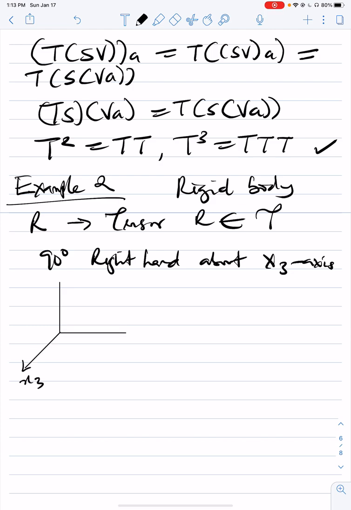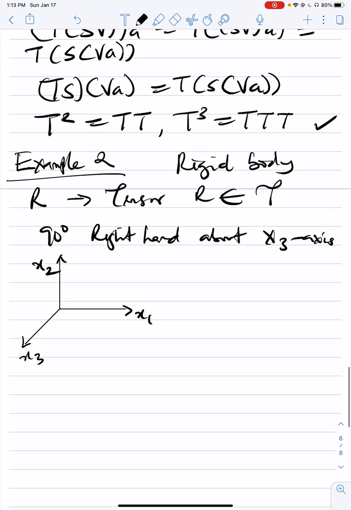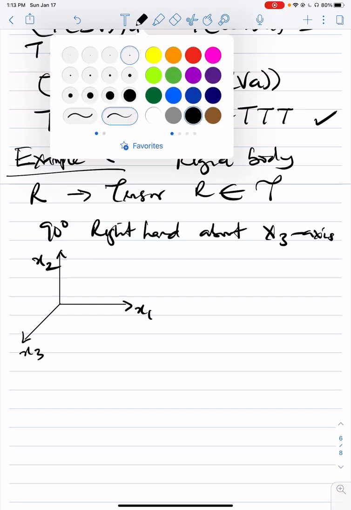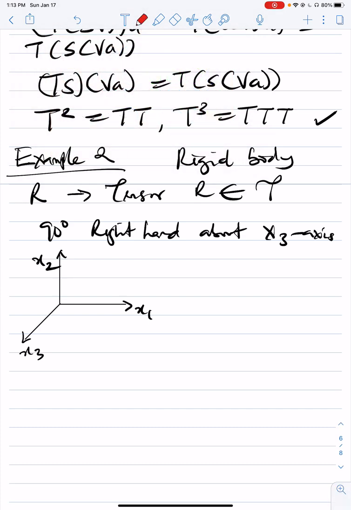This is x3, x1, x2. So we have a tensor R, and I'm going to do a right hand rigid body rotation about x3. Okay, let's take a look at what's happening.